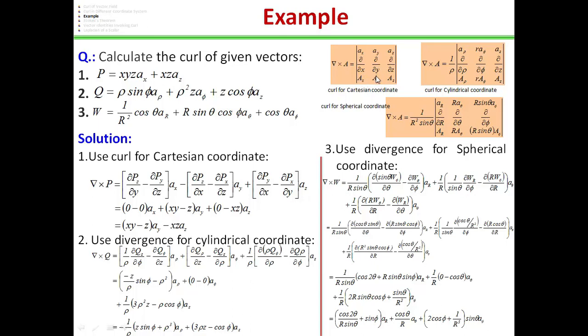Capital Ax, capital Ay, capital Az are the magnitude components which can be determined from the given vector field P. After solving the determinant form, we will have this equation, and in this equation we will put the values of the Px, Py and Pz components from the given vector P and differentiate with respect to x, y and z.